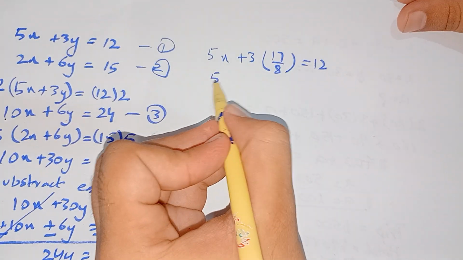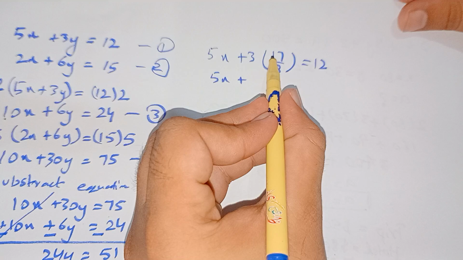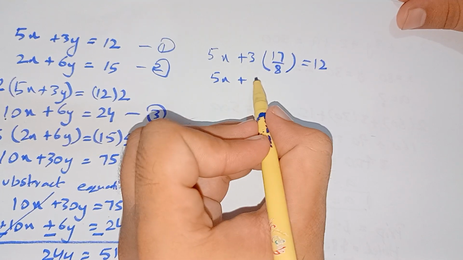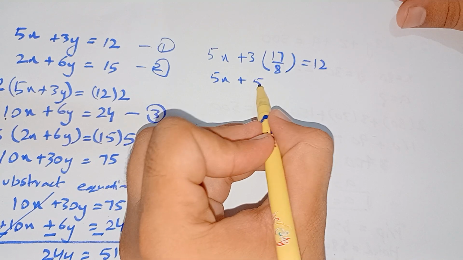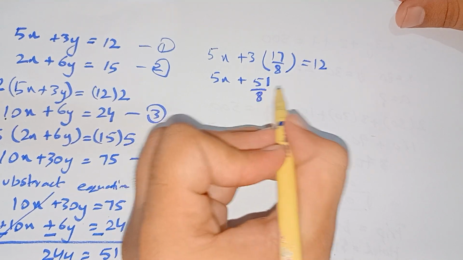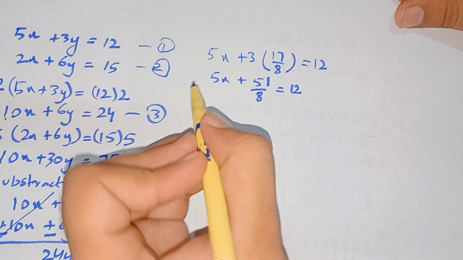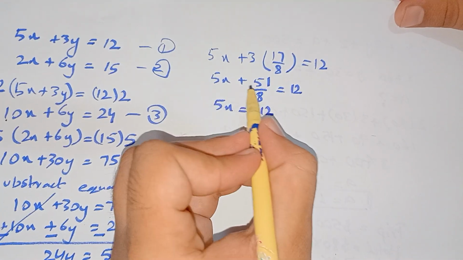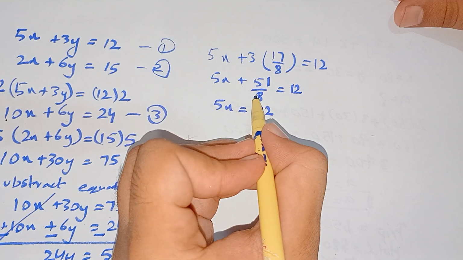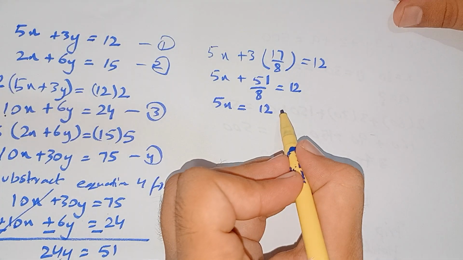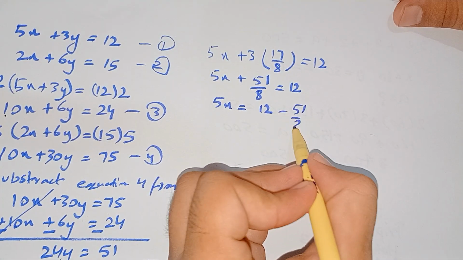Then 5x is as it is, and 3 multiplied by 17 is 51, divided by 8, equal to 12. 5x stays, and 12 goes to the other side with 51 by 8.